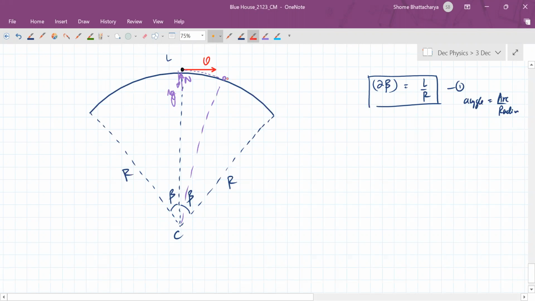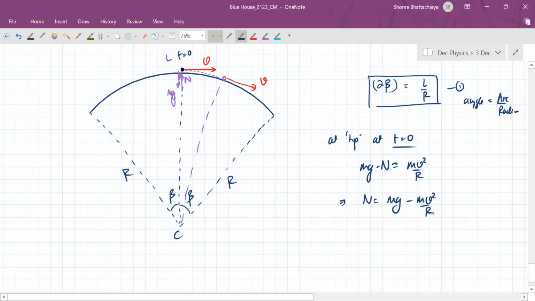So we want this equation. It should go at a uniform speed v. So at the top point, at time t equal to 0, mg minus N is equal to mv square by r. So the normal reaction at the top is mg minus mv square by r.